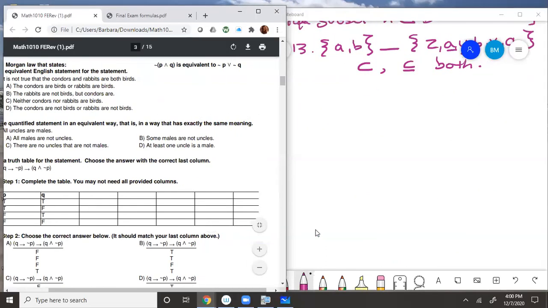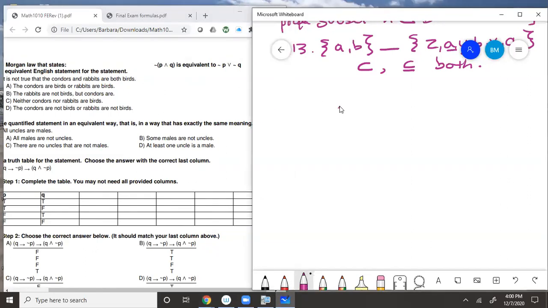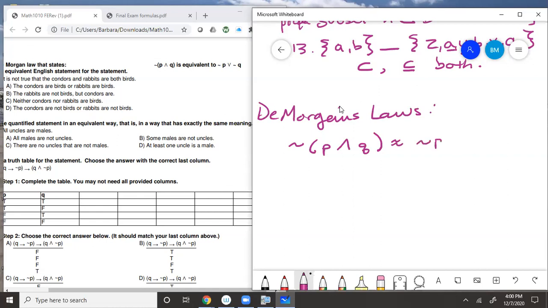So De Morgan's laws, you can see the formula up here. Not (P and Q) is equivalent to not P or not Q. What De Morgan's laws does is it takes a compound sentence that is negated and flips it into a simpler sentence.